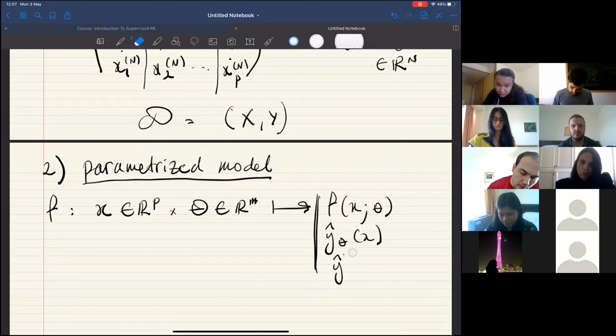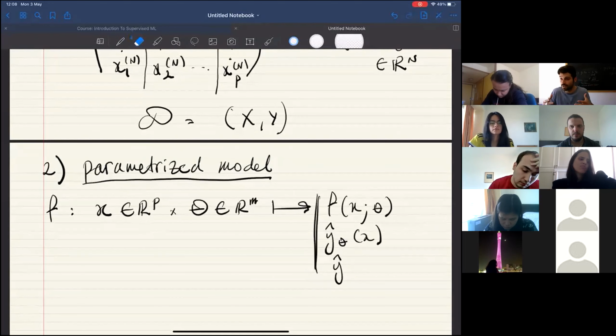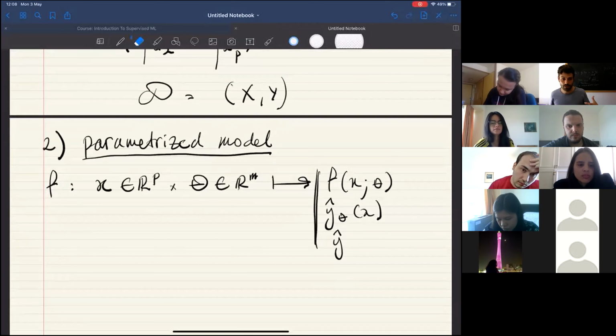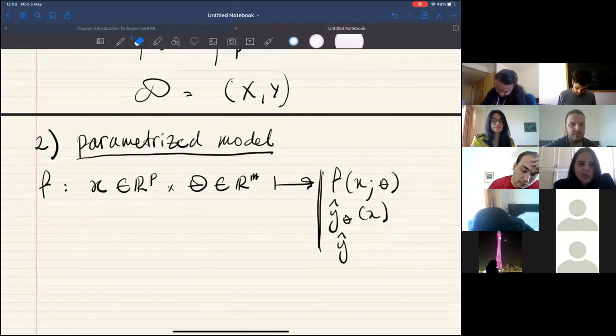So this function f just defines a generic rule between inputs and outputs. And the whole point is to have a class of functions which is rich enough to represent complex relations between inputs and outputs, and that we are able to learn. So the point will be to find these parameters.